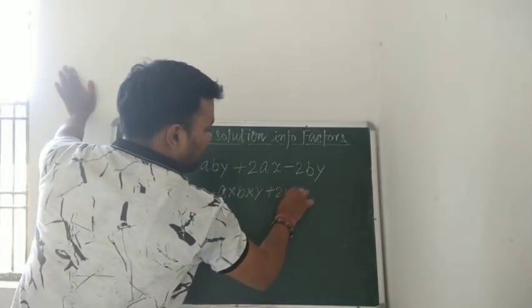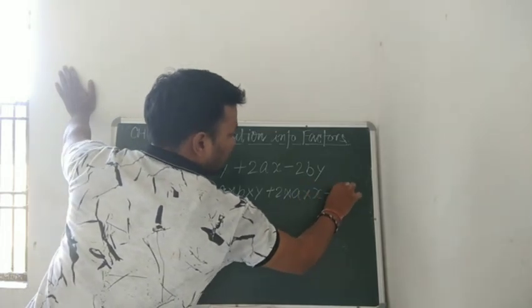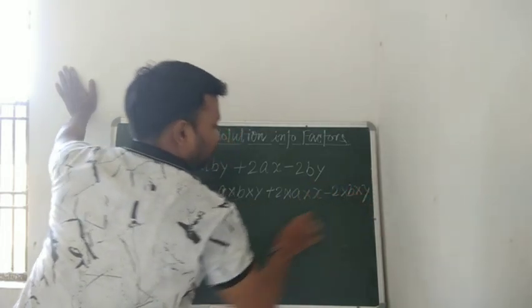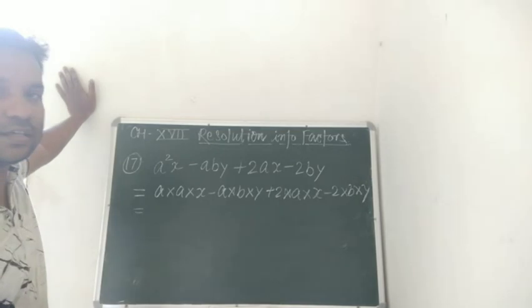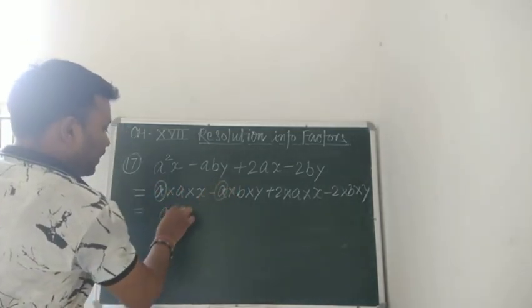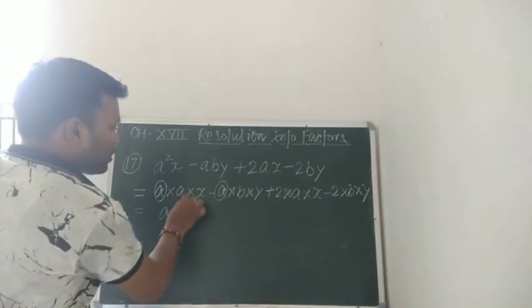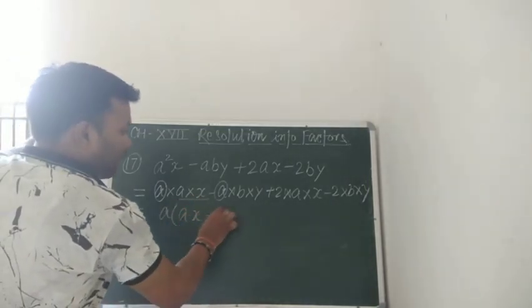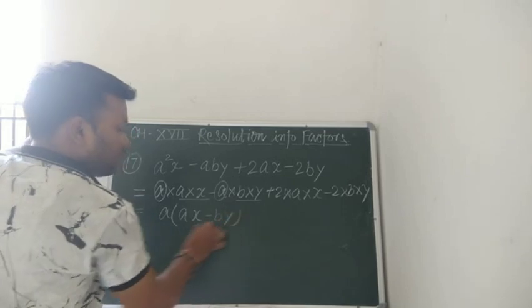This 2x can be written as 2 into a into x, and this as 2 into b into y. What is common in the starting two terms? A is common, so we will take a as a common, and the rest of the terms, that is ax minus by, will be written inside the bracket.